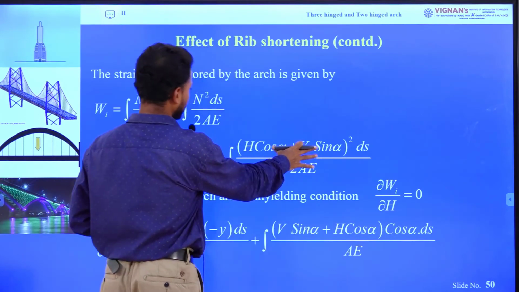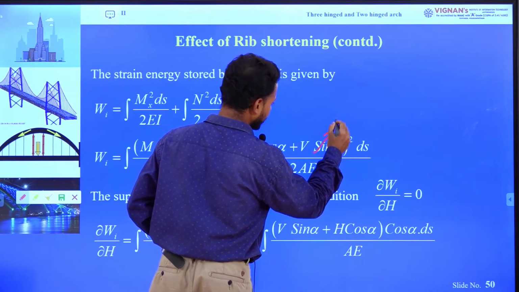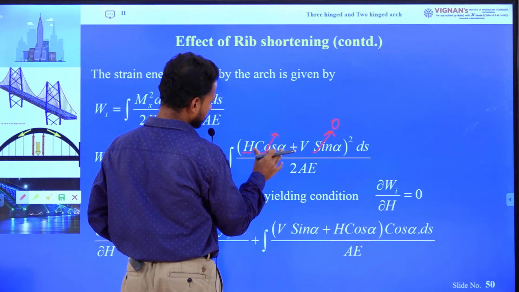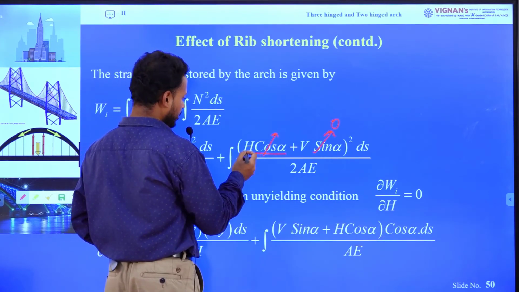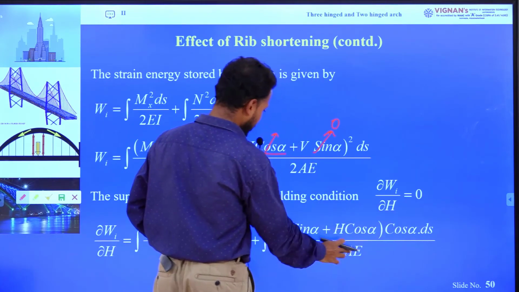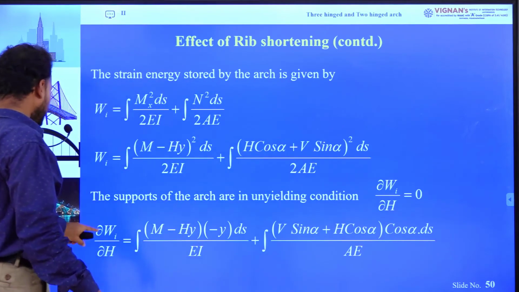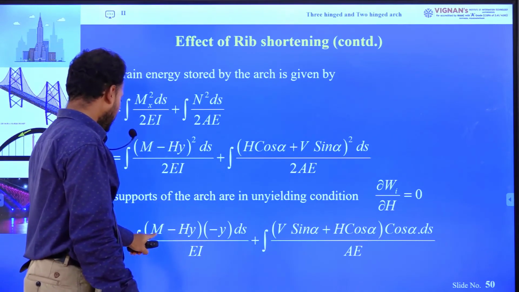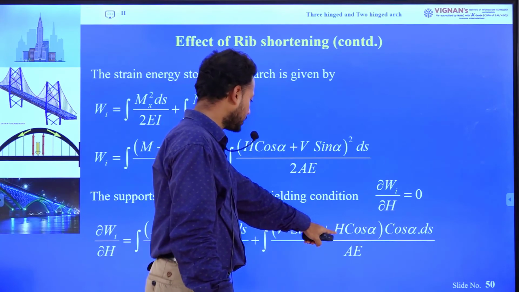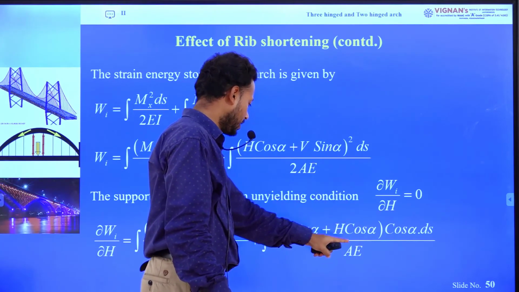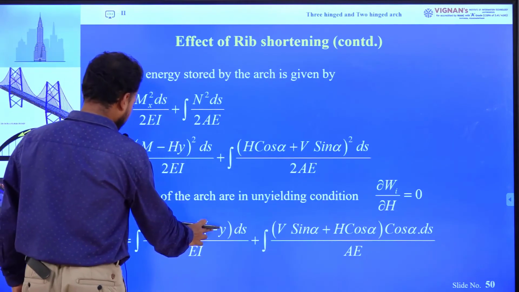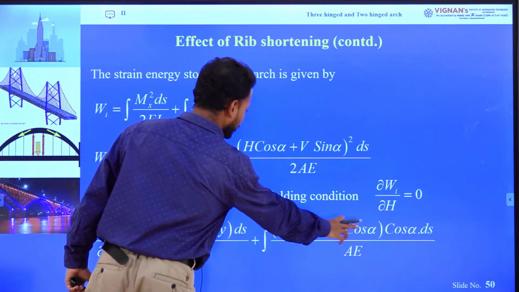Again we have to do the derivative of this function. This is constant, so the derivative will be 0, and in this part, as we are doing the derivative with respect to H, this part will be constant and will come out as cos alpha into ds divided by A. So we have del W del H equals integration M minus Hy into minus y ds by EI plus V sin alpha plus H cos alpha ds divided by A. We will multiply this term, and also here we will multiply this term.